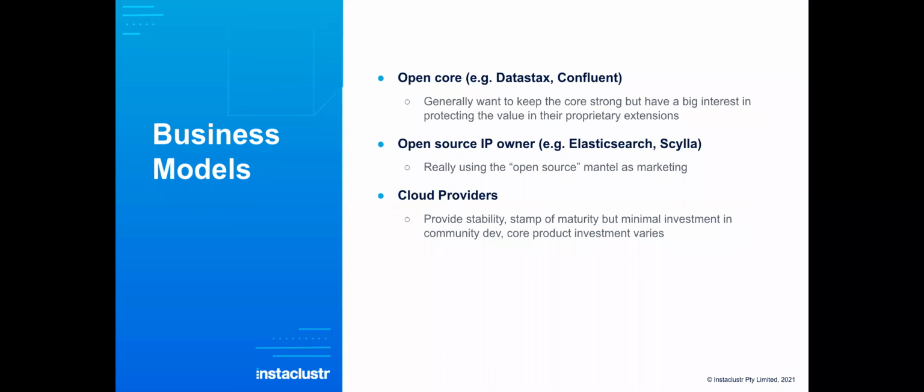So again, I generally look at three key business models that we see around open source software. One is the open core model. People are probably familiar with that term. DataStax and Confluent are two examples in the space that we play, where they're contributing to the core of the software, Cassandra and Kafka, which is owned by a foundation.